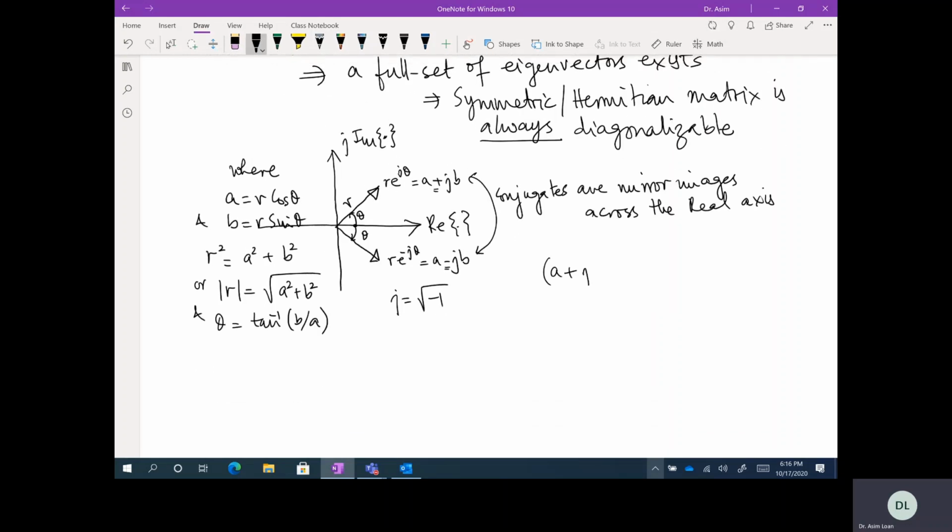And probably you already know that multiplication of A plus JB and C plus JD is AC plus J squared, which is minus BD, plus J times AD plus BC.